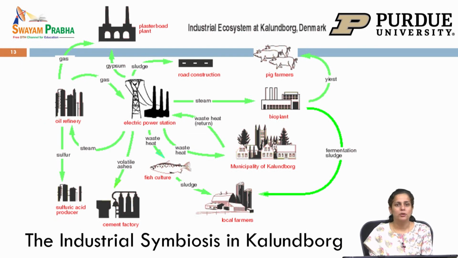Here is an example of an industrial ecosystem. This is in Kalundborg, Denmark, and this has been organically developing over the years. Organically developing means no one sat and developed a design for that industrial ecosystem. Same as an ecosystem, if you let some plants lie on some organic matter, you will see that after some days, maybe months or years, there is a flora of different kinds of plants that have developed.